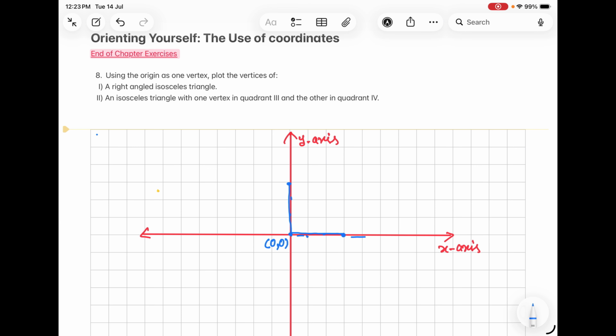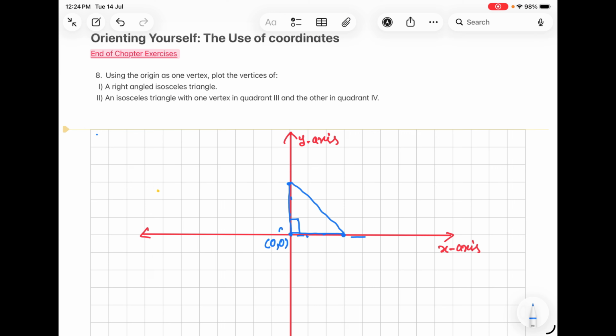So we are getting two equal sides. If we join these 2 points, then you get an isosceles triangle. And what type of isosceles triangle? This is a right angle isosceles triangle, because at the origin it's forming a 90-degree angle. So let's name it.